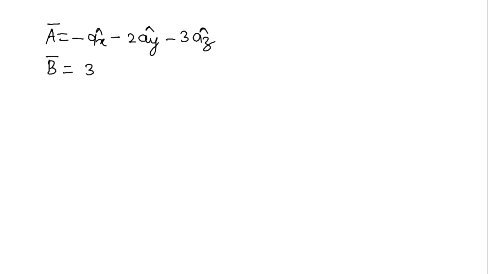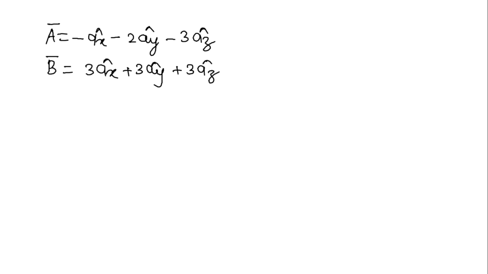First of all, a good practice is to mention the given data. So I just repeat what we have. A bar is minus ax cap minus twice ay cap minus 3 times az cap, whereas the second vector b bar is equal to 3 times ax cap plus 3 times ay cap plus 3 times az cap.